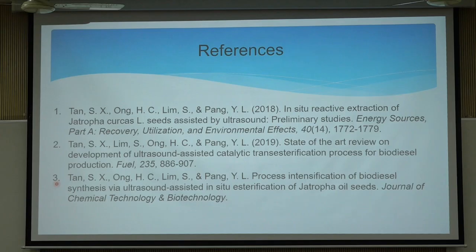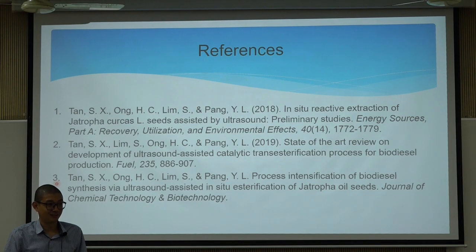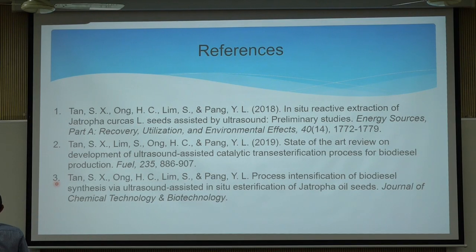No matter whether you are a master's study or PhD study, the difference is what? The depth of your study, right? In your master's or PhD study, you might have how many objectives?